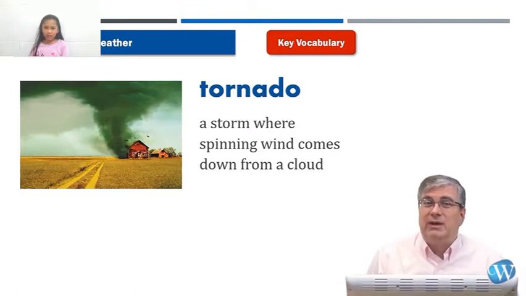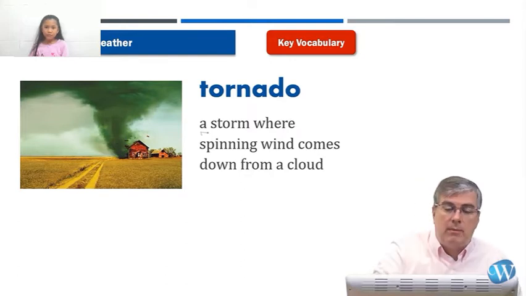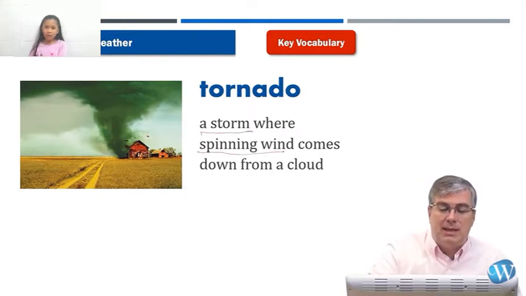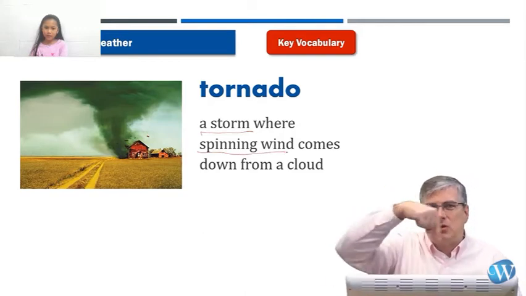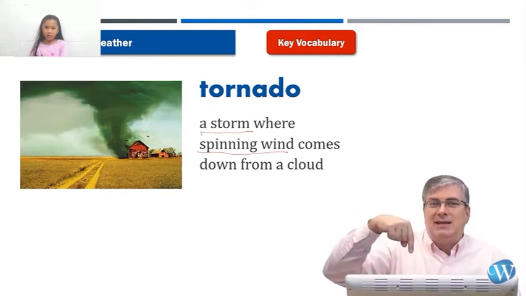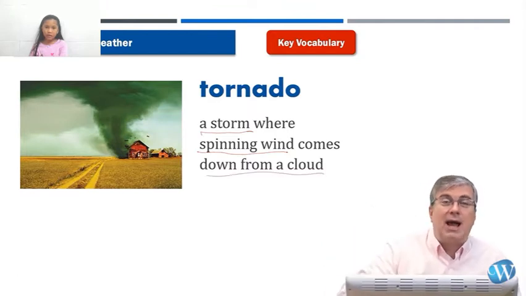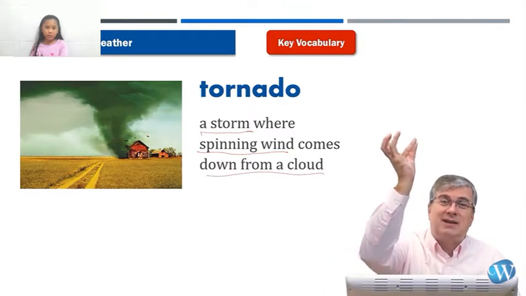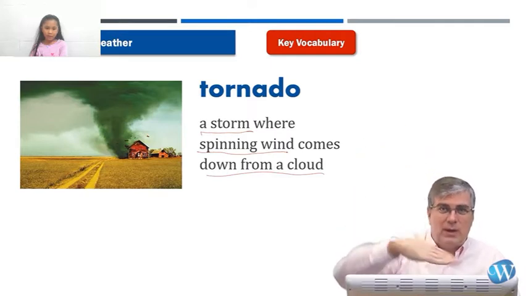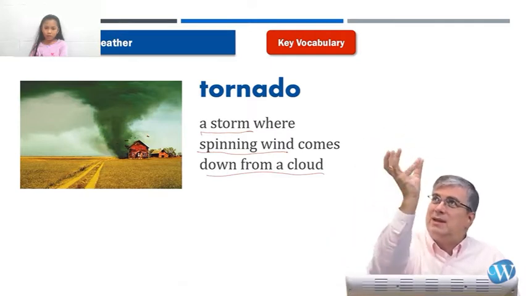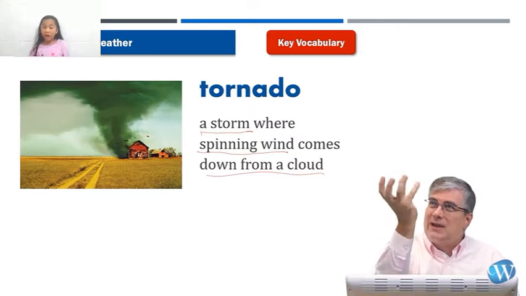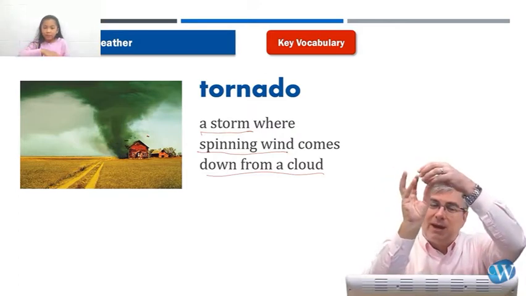A tornado is a storm where spinning winds come down from the clouds. Well, a tornado is spinning winds that come down from the clouds. And it touches the ground, right?